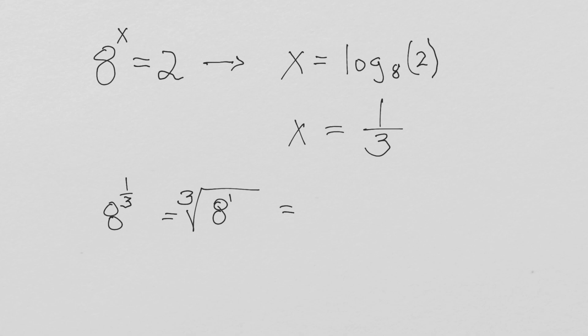What would I have to multiply by itself 3 times in order to get 8? And that would be 2. 2 times 2 times 2 gets me 8. Therefore, the cubed root of 8 is 2.